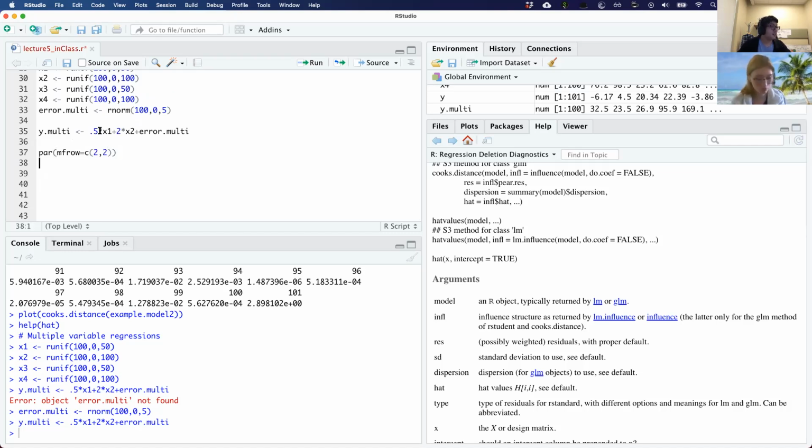Okay, this line of code right here is for the base version of plot, which lets me create a 2x2 window so that I can fit 4 plots into it. So I'm going to plot each of my x's against the y.